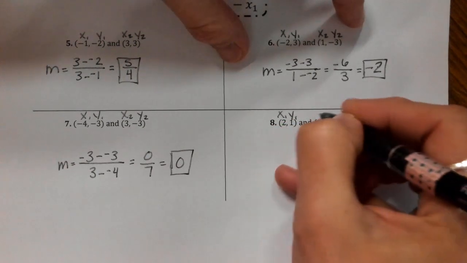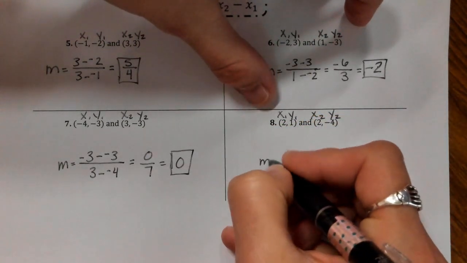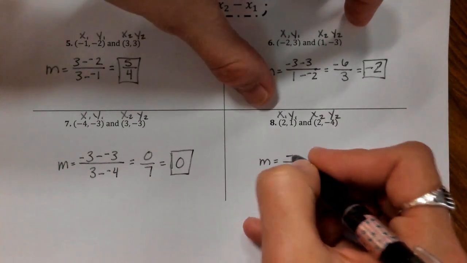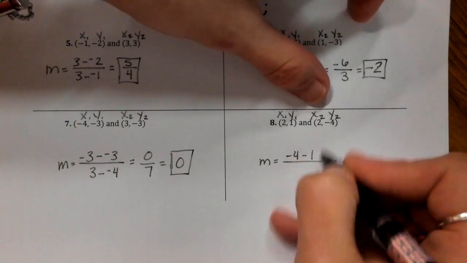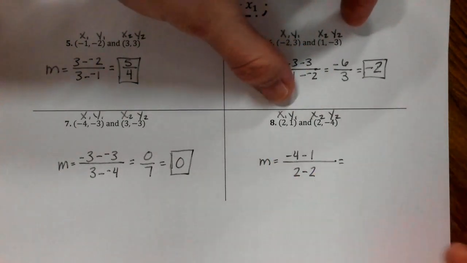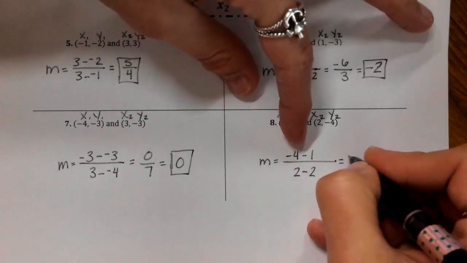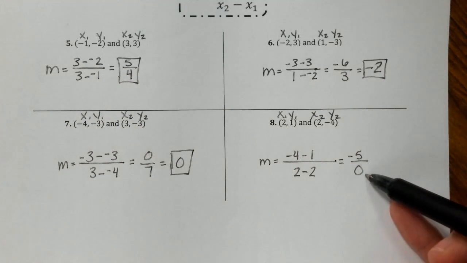All right. Last one here before we move on. y2, negative 4, minus y1, 1. x2, 2, minus x1, 2. Your negative 4 minus 1 is going to end up being negative 5. Your 2 minus 2 is a 0. Now we have the 0 in the denominator.